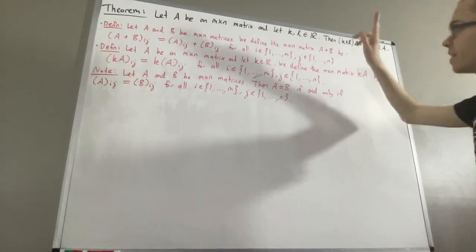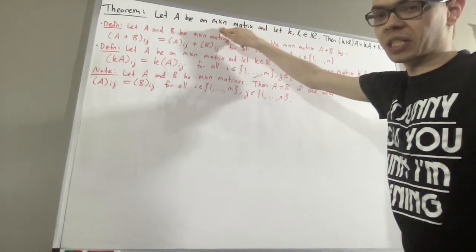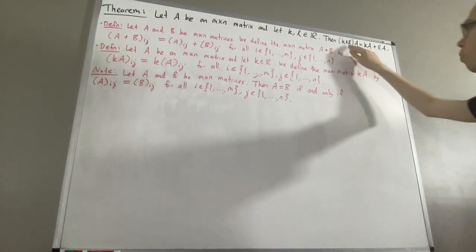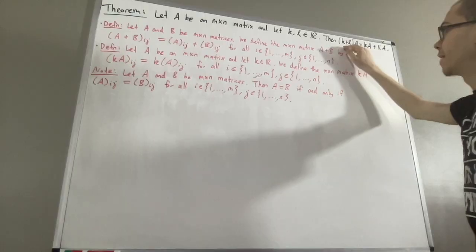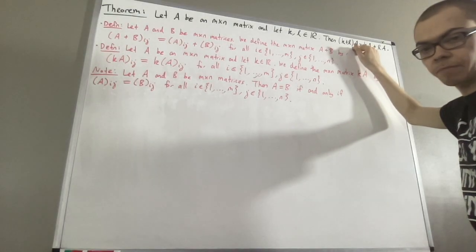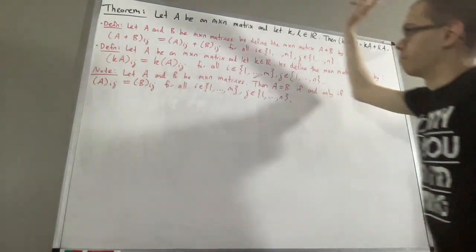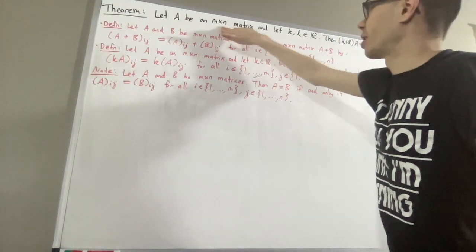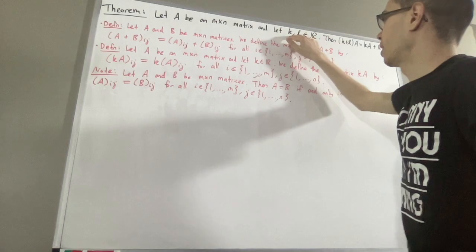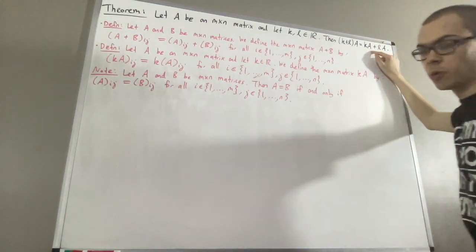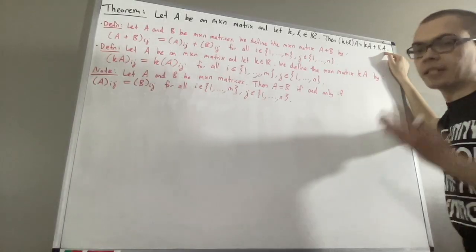Notice, since A is an m by n matrix, and K plus L is a scalar, when we do (K plus L) times A, that will give us an m by n matrix. What about on the right-hand side? Well, if we take the m by n matrix A, multiply it by the scalar K, then KA is an m by n matrix. Similarly, LA is an m by n matrix.